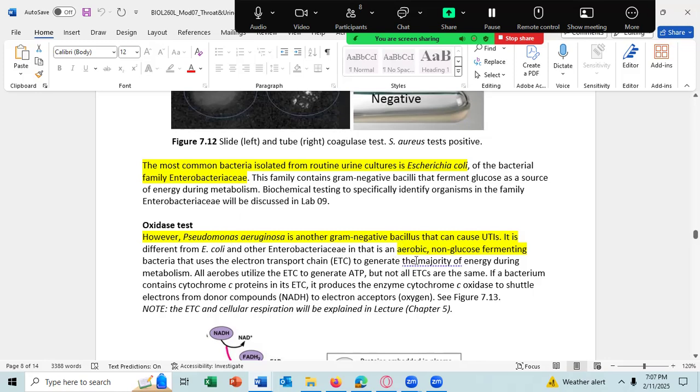So you could use any one of these three tests to distinguish the two families. But oftentimes they do the oxidase test, probably because it's quicker and easier to do than the other two tests.